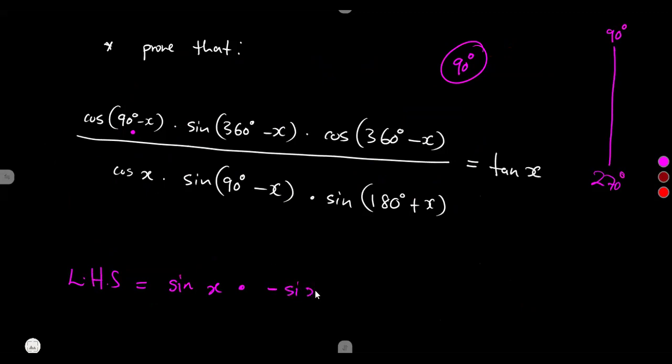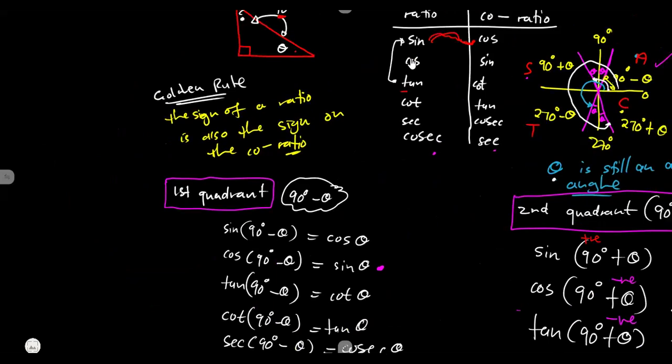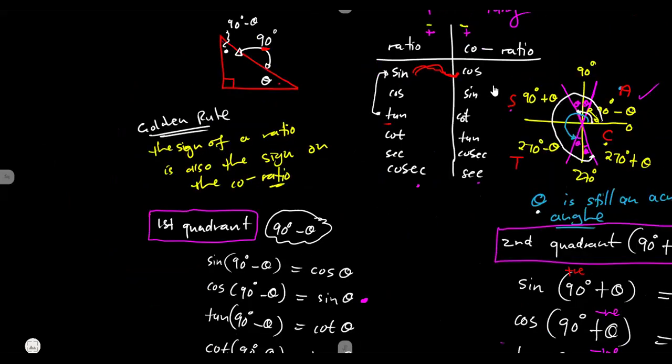This is reduction. Remember, in reduction, a sine stays a sine and a cos stays a cos. It's not co-function, where we have a ratio and its co-ratio. Sine changes to cos, and so on. It's different, guys, so do not confuse this part.